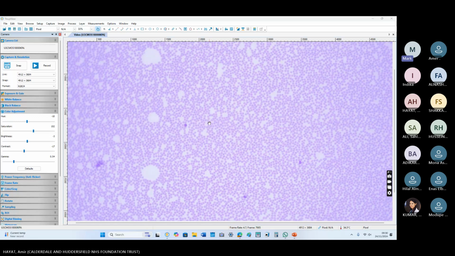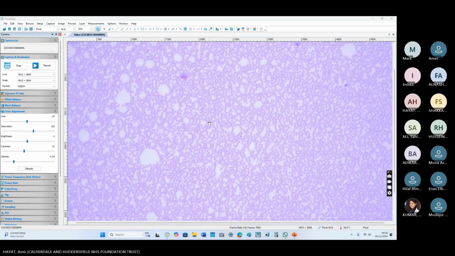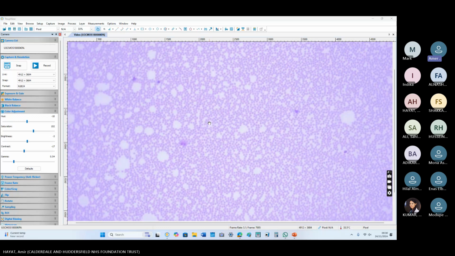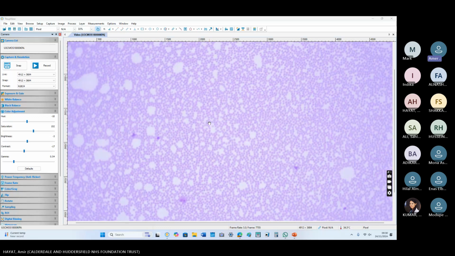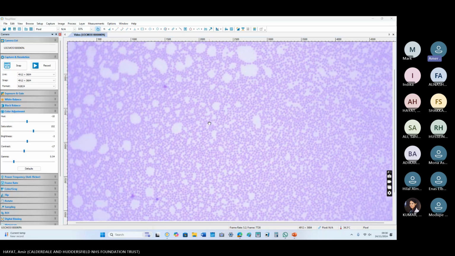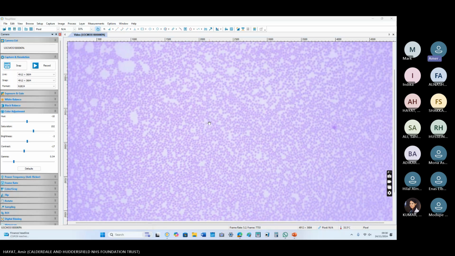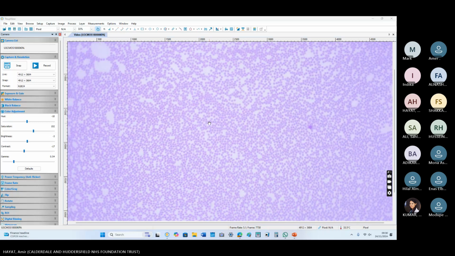That's polycythemia. Yeah. I would like to ask you if you can tell your colleagues how did you find this is polycythemia? What are the features that made you think about this is polycythemia?